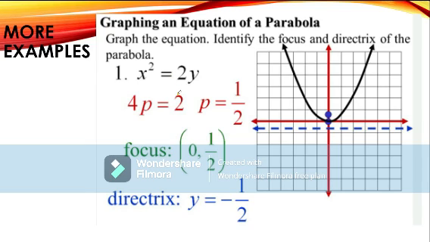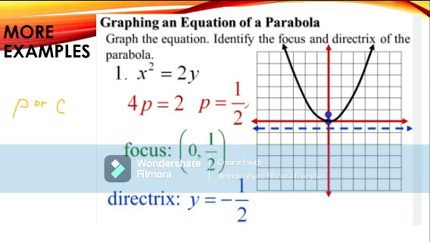Then our 4p, by the way, p or c is just the same. Other books and resources will use p, while others will use c, and even others use a. So don't be confused with this too. So x squared is equal to 2y. To solve for p, you have 4p is equal to 2, so p is equal to 1 half.